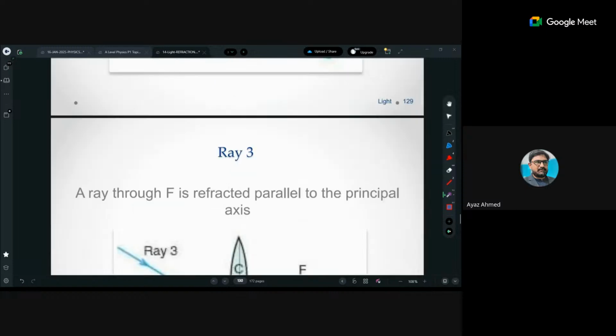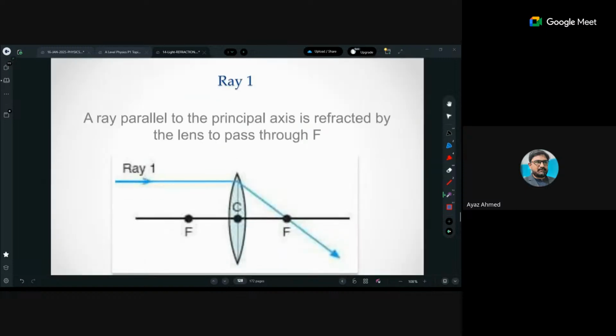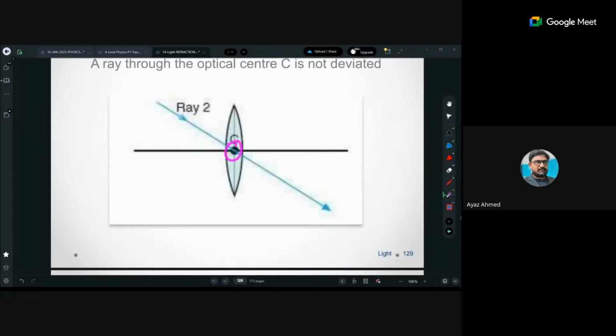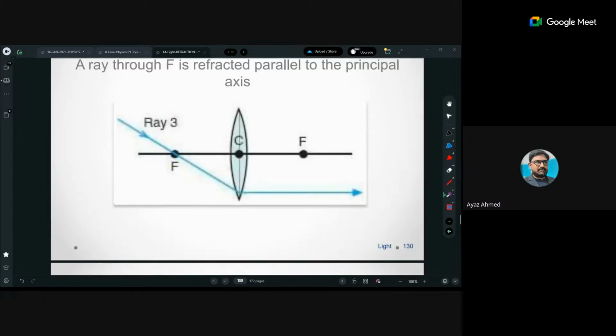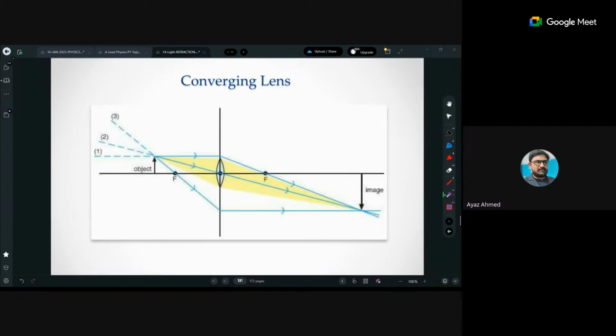Dekho, I'm going to give you the concept again. One is this, which is parallel and passing through principal focus afterwards. Two, which is passing through optical center. Three, which is passing through principal focus, and afterwards it becomes parallel. So you have to use at least two, but three can also be used, no issue at all.